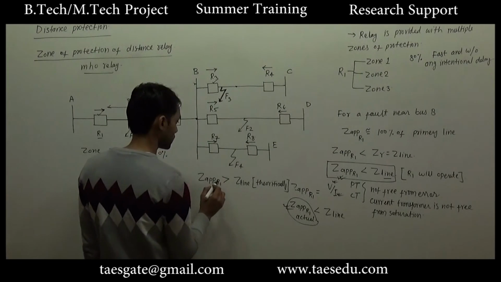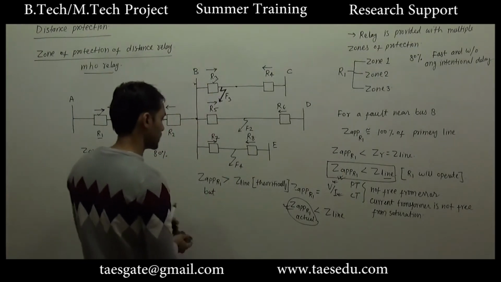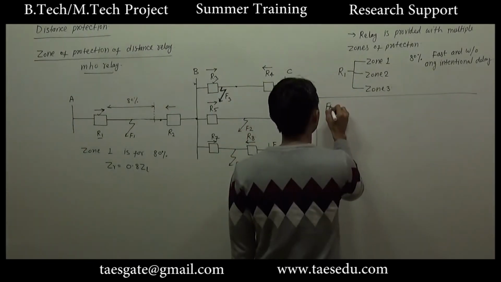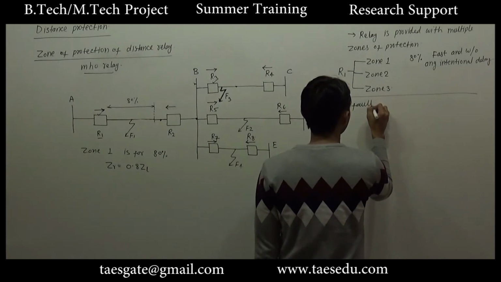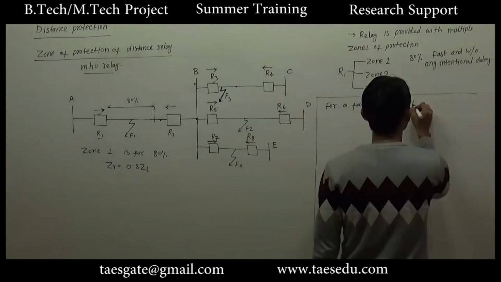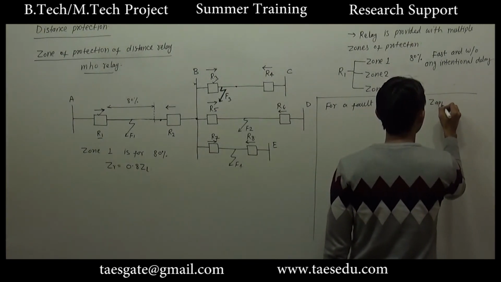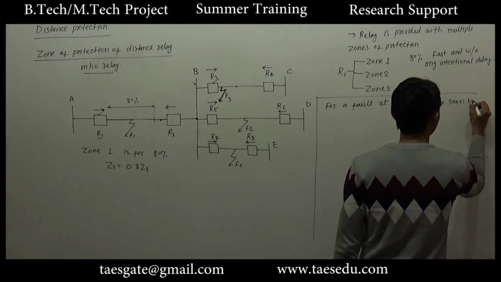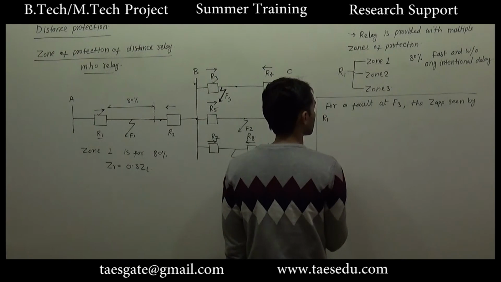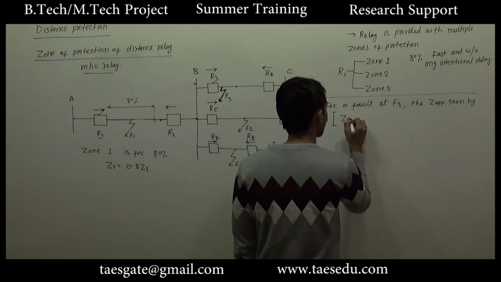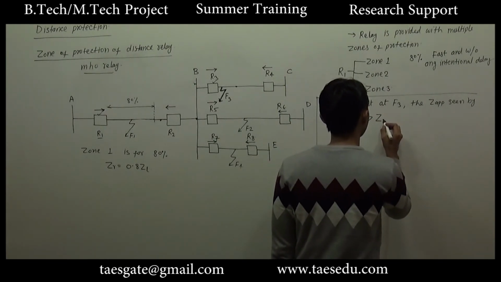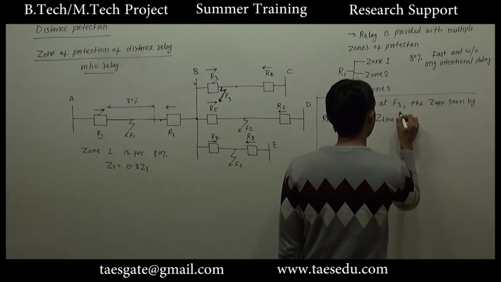Let me write down in detail. For a fault at F3, the apparent impedance seen by relay R1, Z apparent as seen by relay R1, must be greater than Z line.